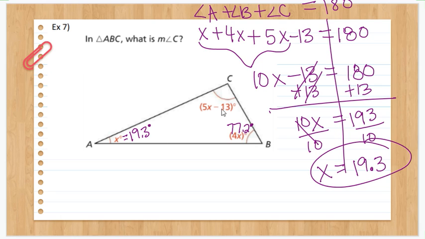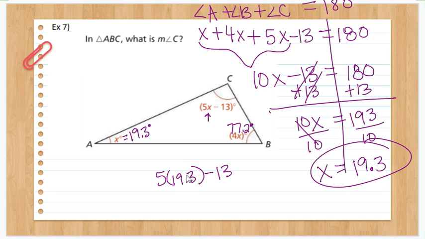Now I know those two, so I can find this one. I could add these up and subtract from 180, or I can just plug in my 19.3 right here.